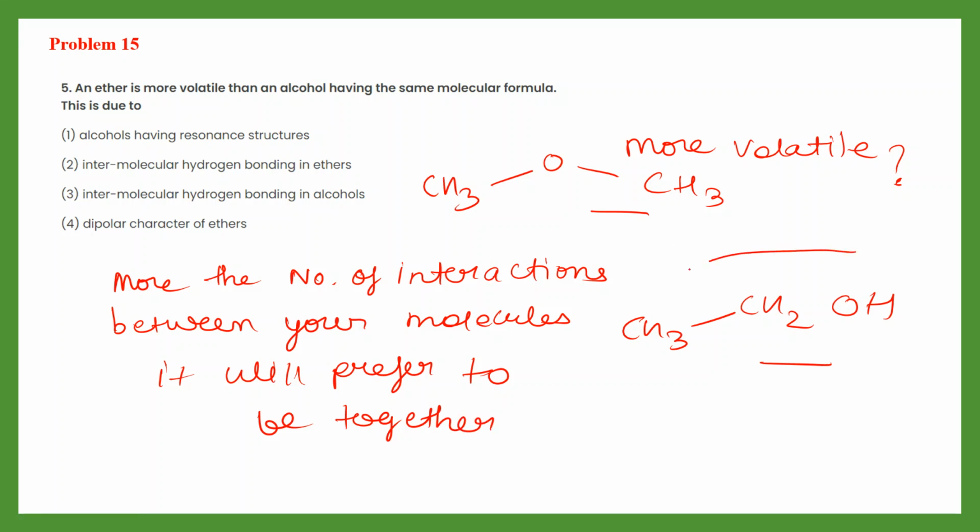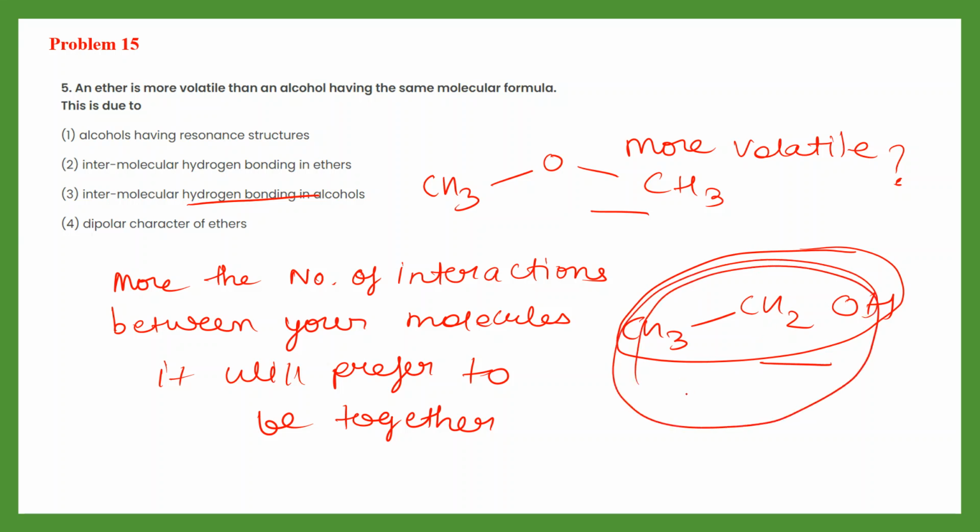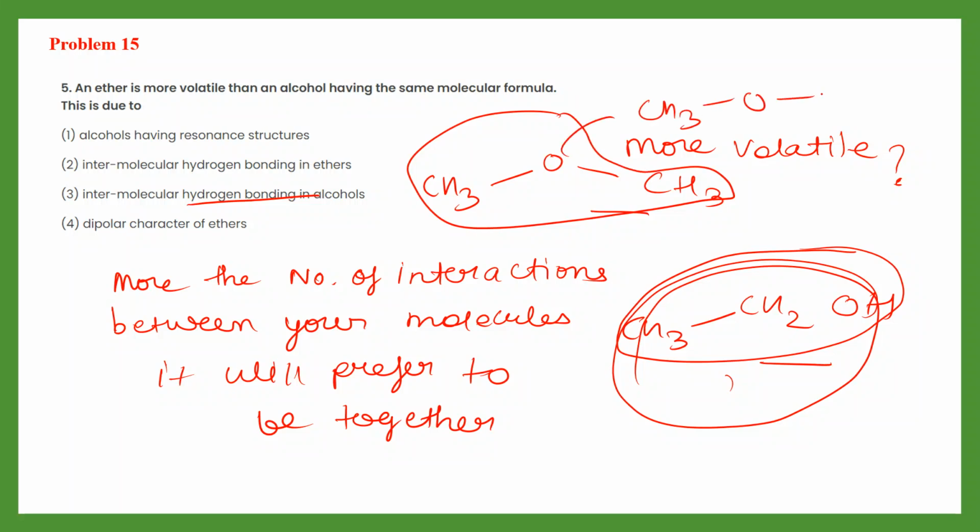See, these alcohol molecules are bound to each other in an intermolecular fashion via hydrogen bonding. So it forms a cluster of these alcohols. So there is no possibility for them becoming volatile. But here there is no interaction between molecules of ether. So it will become volatile.